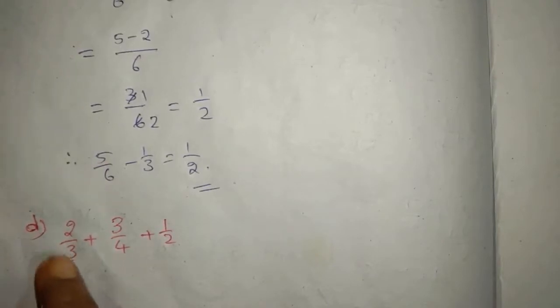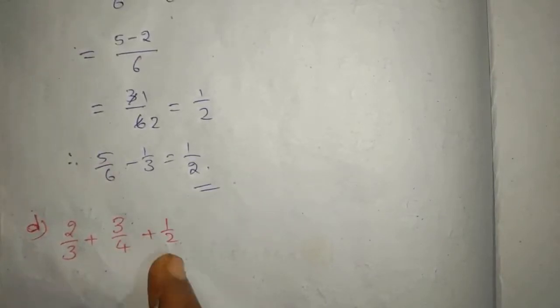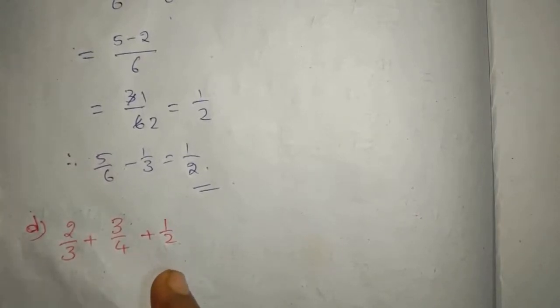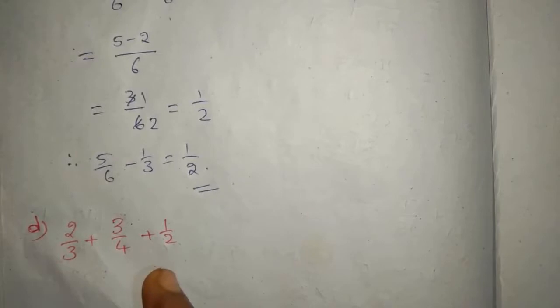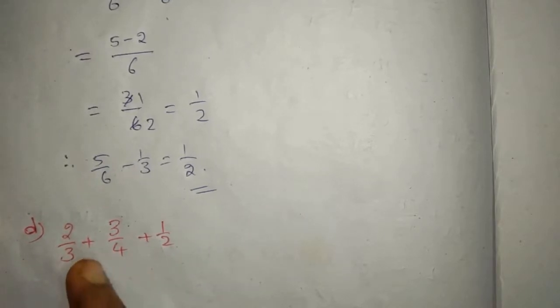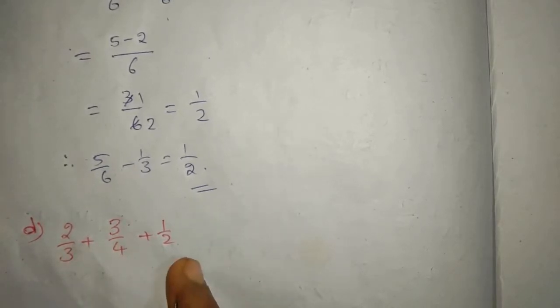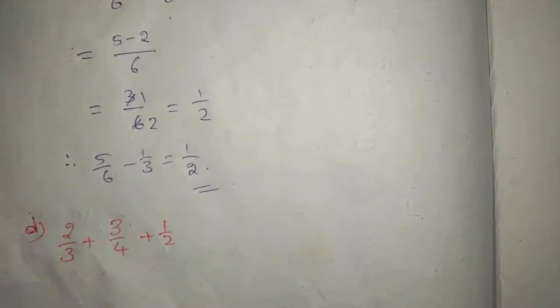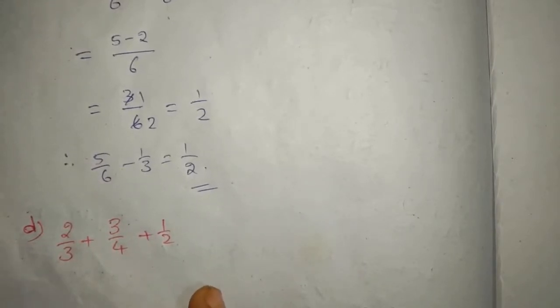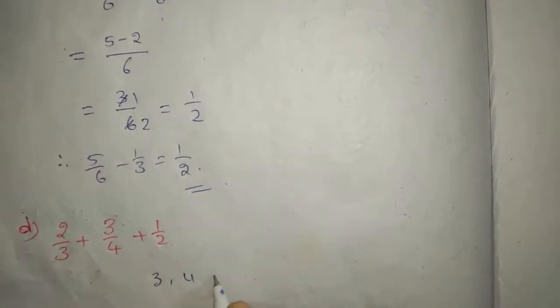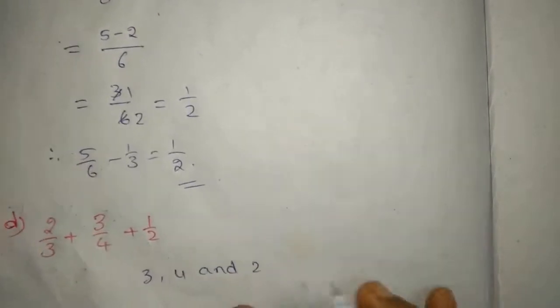Next, 2 by 3 plus 3 by 4 plus 1 by 2. So here also the given fractions are not like fractions, which means their denominators are not equal. So we should make them like fractions, which means we have to make the denominators equal. So let us find the LCM of 3, 4 and 2.